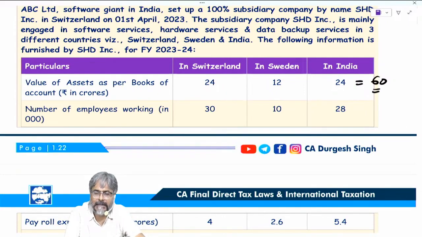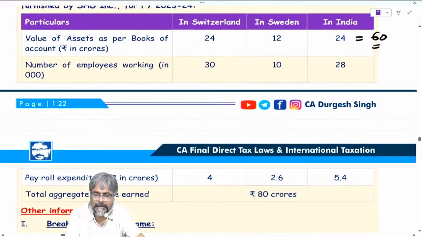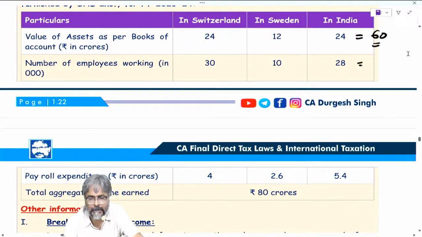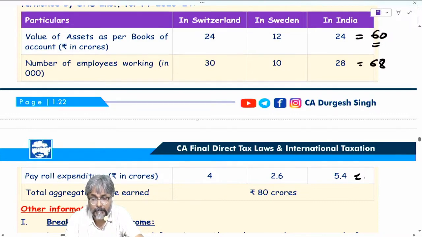The presence of the asset in India, is it less than 50%? The answer is yes. Similarly, if you go to the next one, the total happens to be 68. Is the presence in India less than 50%? Again, the answer is yes. Payroll to the Indian employee, 5.4. Total is 12. So again, it is less than 50%. The answer is yes.